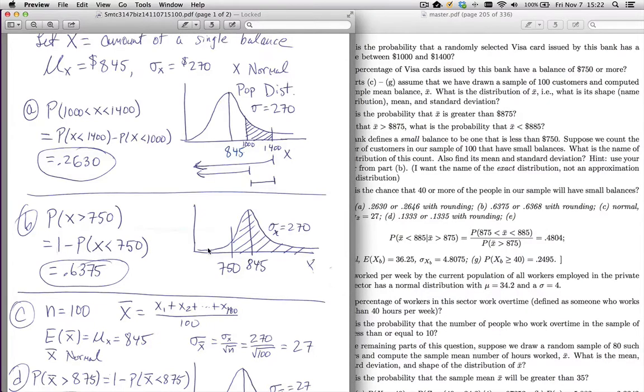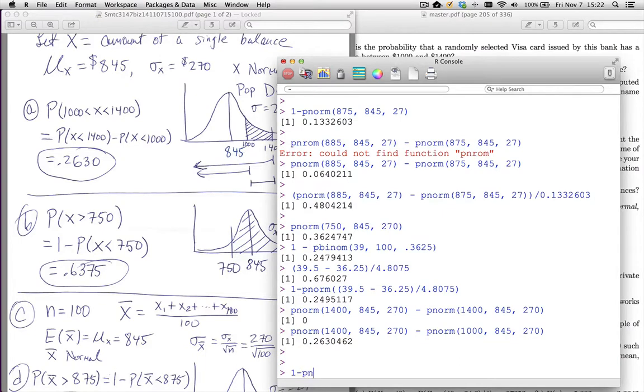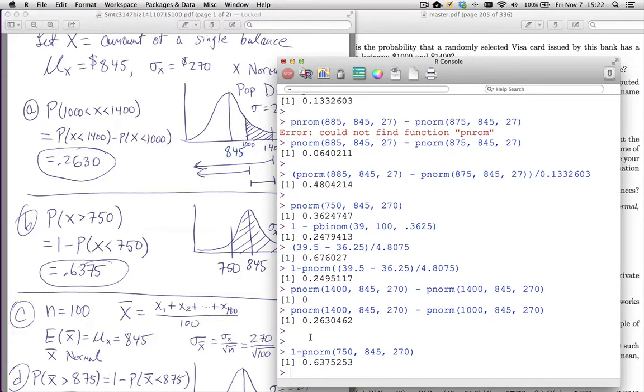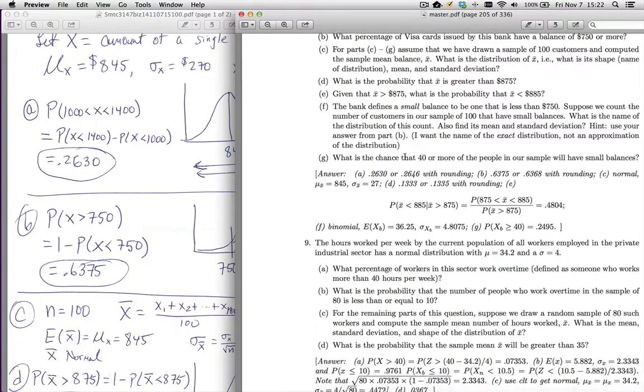This will be 1 minus the area that we're in this tail. So we can go find that in R. Let's go do that. 1 minus pnorm, so it'd be 750, 845, 270. And so the answer is 0.6375. Good, let's move on. Part C.